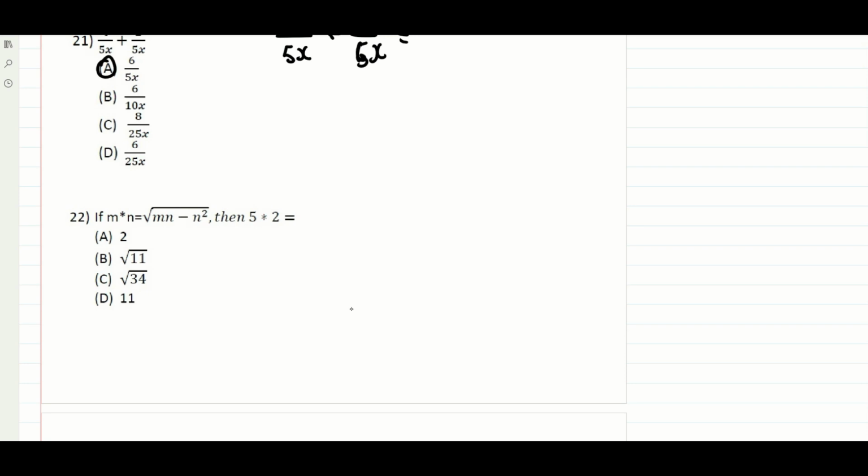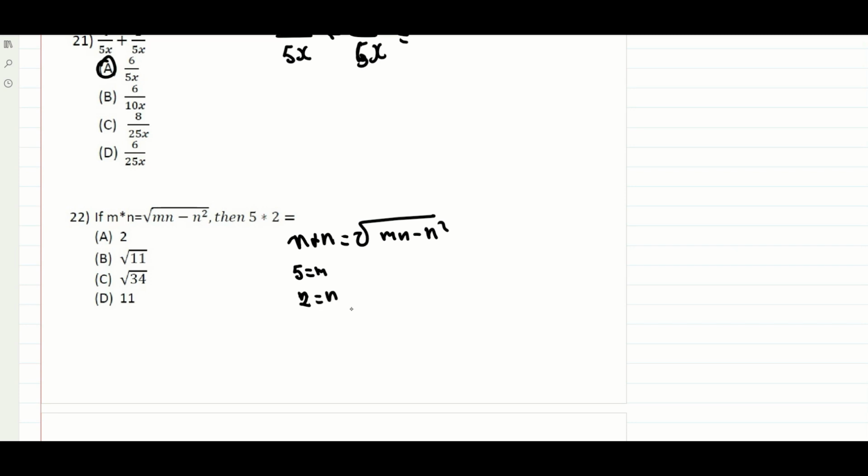This one here, we did this several times. We saw that the answer is 11. No, this is different. Right? We saw that M asterisk n is equal to the square root of mn minus n squared. So m is 5 and n is 2.